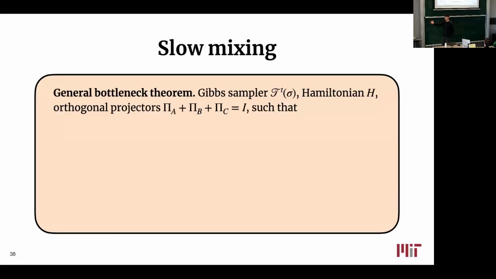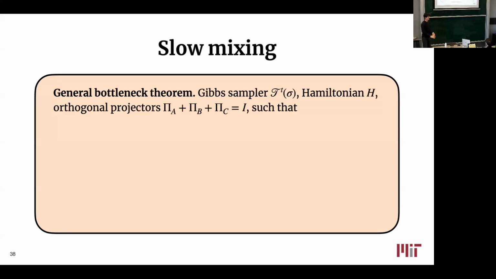Okay, so now I can tell you a more formal statement about the bottleneck lemma, ignoring that quasi-local issue and just assuming that the Lindbladian is actually local. I'm also going to simplify it a bit. Instead of having the Lindbladian map L, where we were doing e to the Lt to evolve, I'm just going to imagine that we're evaluating a single discrete Gibbs sampler, this map T. So instead of something that looks like e to the Lt of rho, we're just going to have this map T applied to rho.